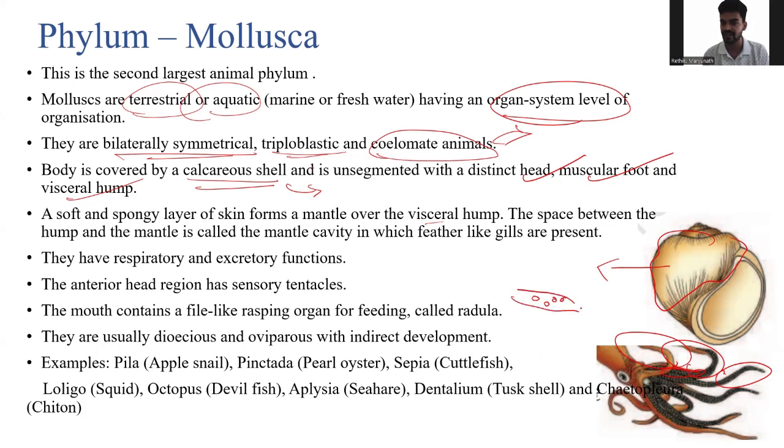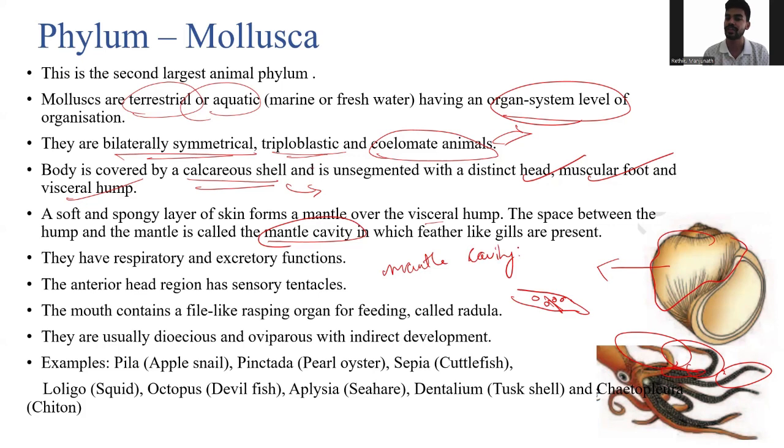On this you will find a soft, spongy skin-like structure. There is a space between the hump and the mantle, and that space is called the mantle cavity.